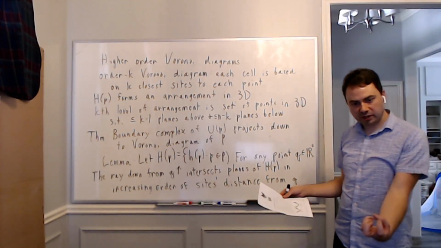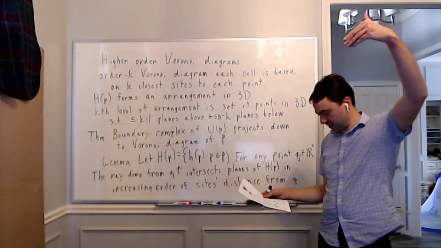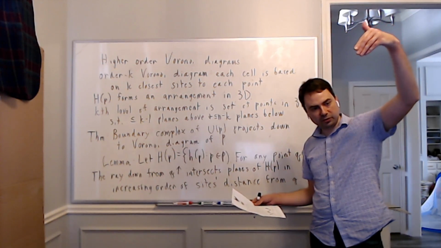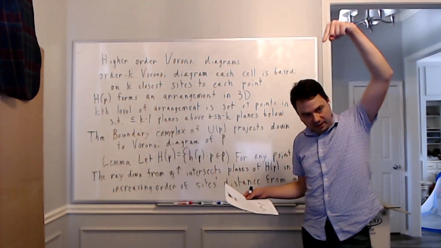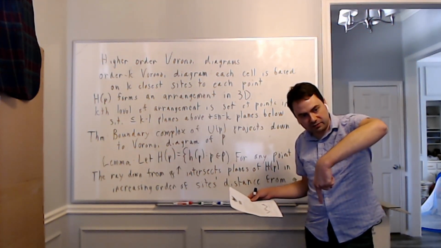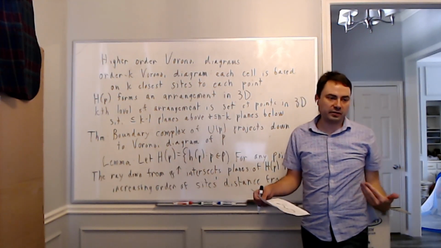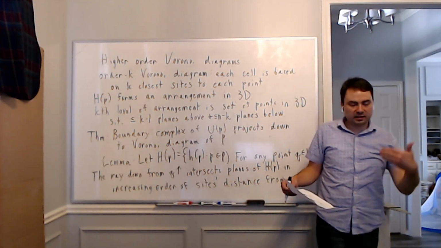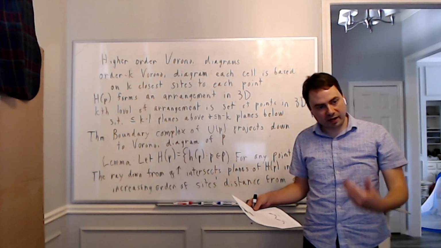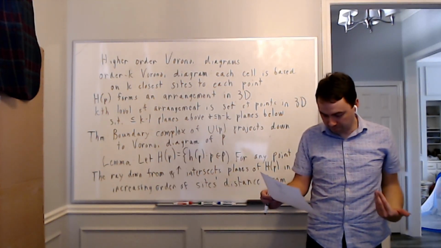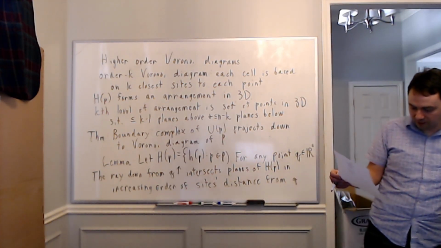If I take a point Q from the plane and I look at its lift into the paraboloid, then I shoot a ray straight down from the lift. I'm going to pass through all of these planes in increasing distance order that Q is from the respective sites. Okay.